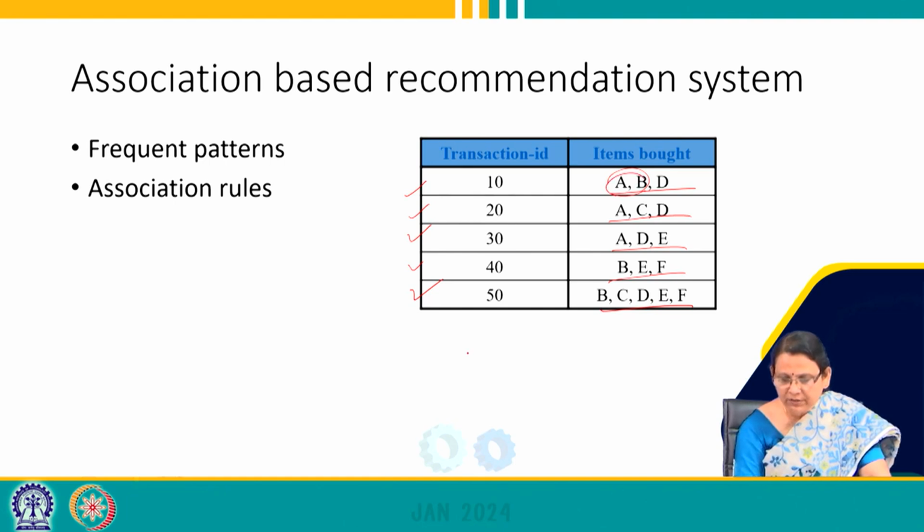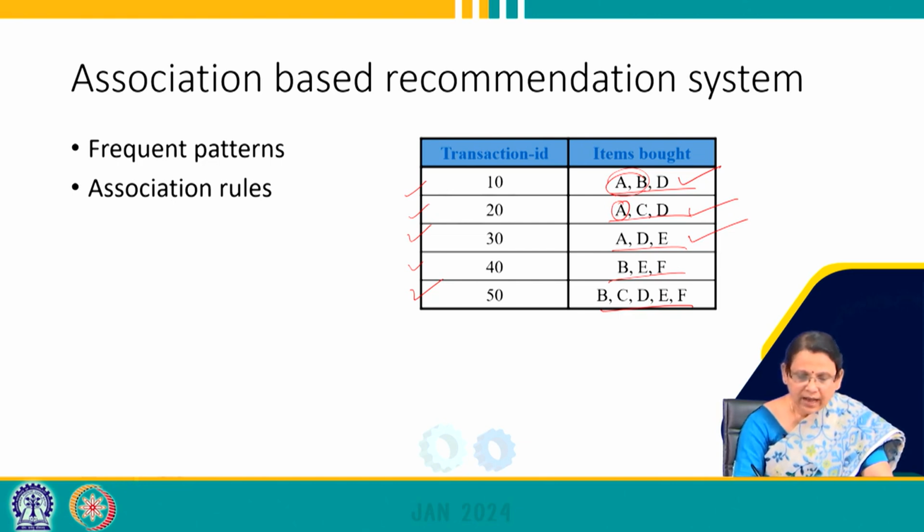How many times has AB been purchased together? Only once. But if we look at AD, here is one instance, here is another instance, here is a third instance when AD is purchased together. So, AD has higher frequency than AB.